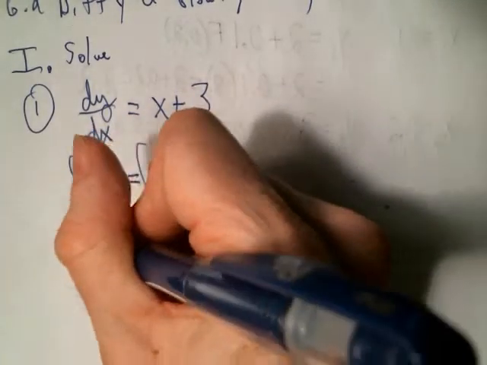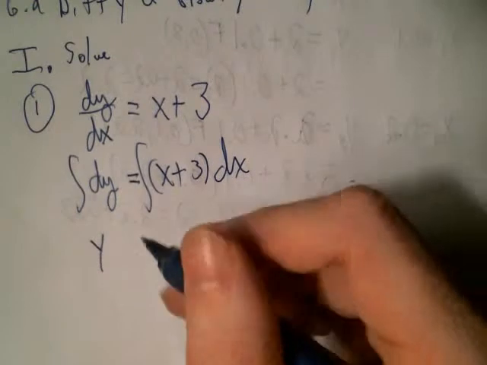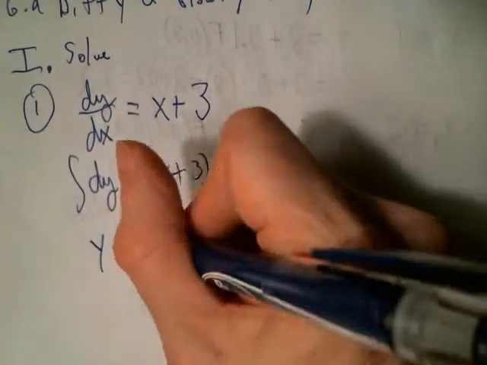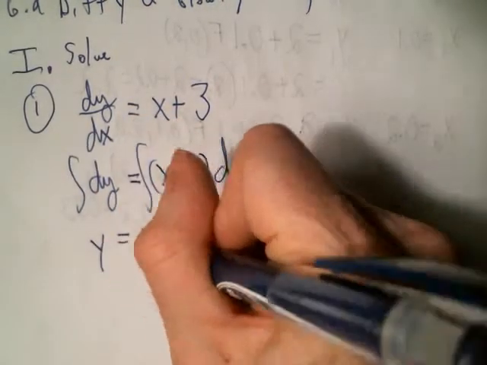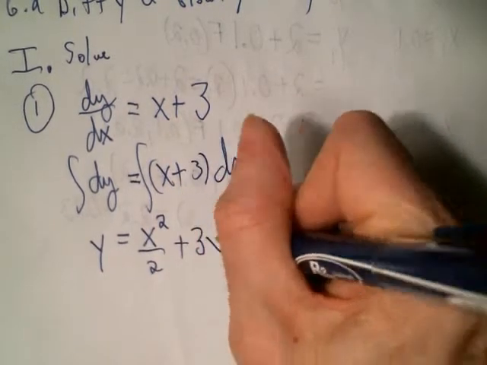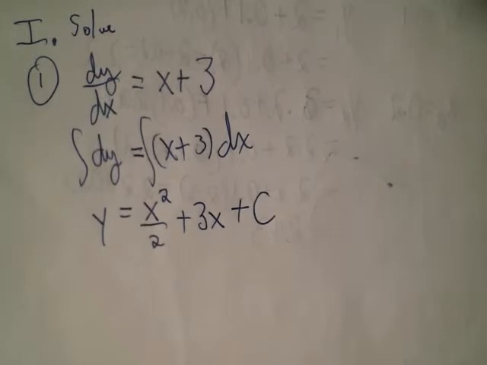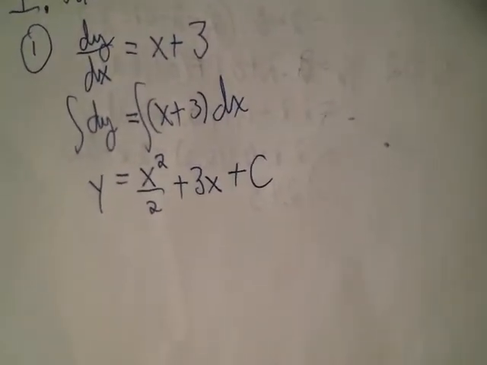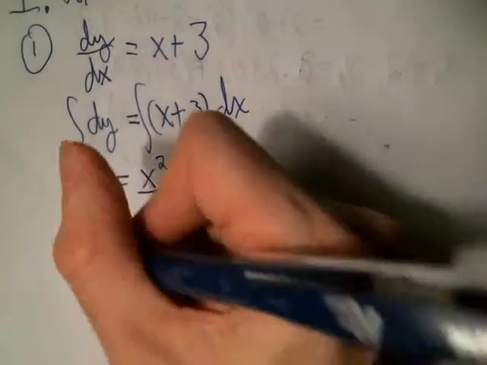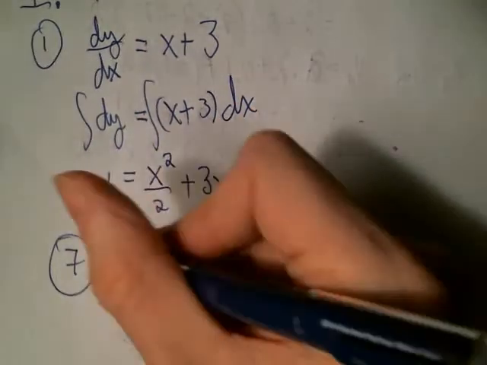On this side you'll have y plus a constant, but we'll move the constant to the other side eventually. On this side we'll have x squared over 2 plus 3x, plus your integration constant. Okay. So that's my very quick introduction. Let's look at one more, number 7.